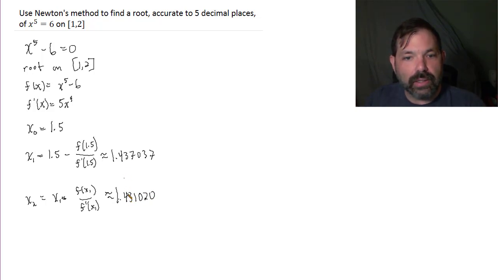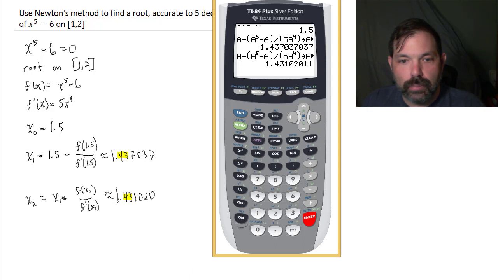And so notice from these last two examples, from X1 and X2, what I see is this root so far has 2 decimal places of accuracy. It didn't change over that iteration.